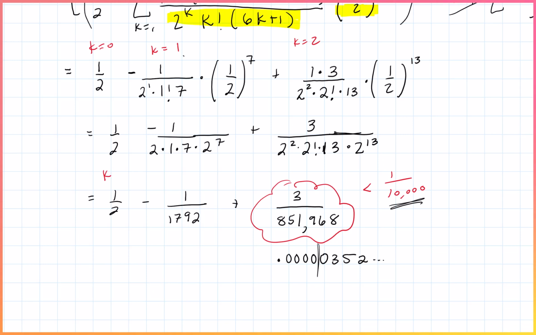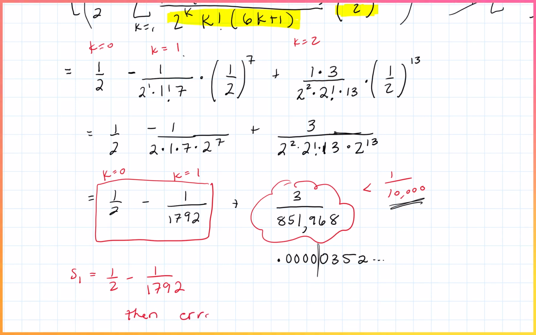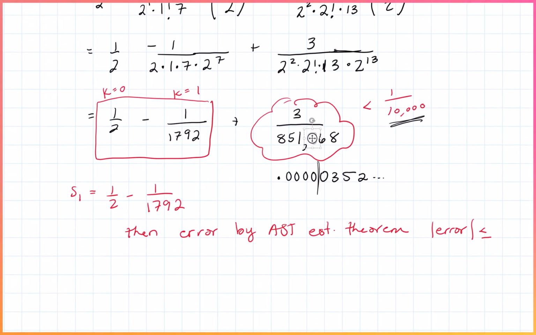And what that's telling me is that I only needed the first 2 terms. Since we started our index at 0, that's the 0th term and the first term. If I add up those first 2 terms, so S1, which is 1/2 minus 1 over 1792, then the error by the alternating series estimation theorem will have to be less than or equal to the B sub 2 term in absolute value.